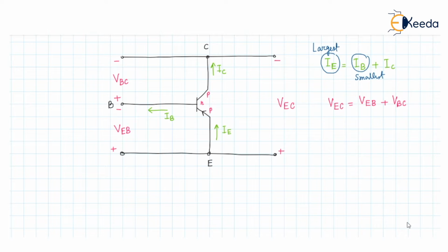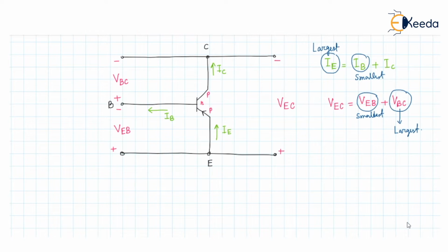Similarly, the VEB voltage will be the smallest voltage and the VBC voltage will be the largest voltage. So these are the voltage and the current relation of NPN and PNP transistor.